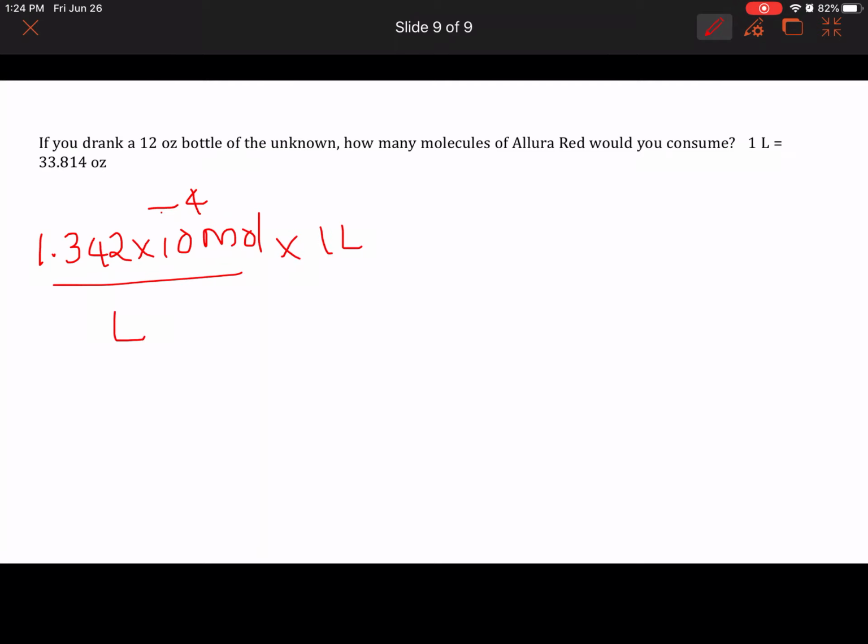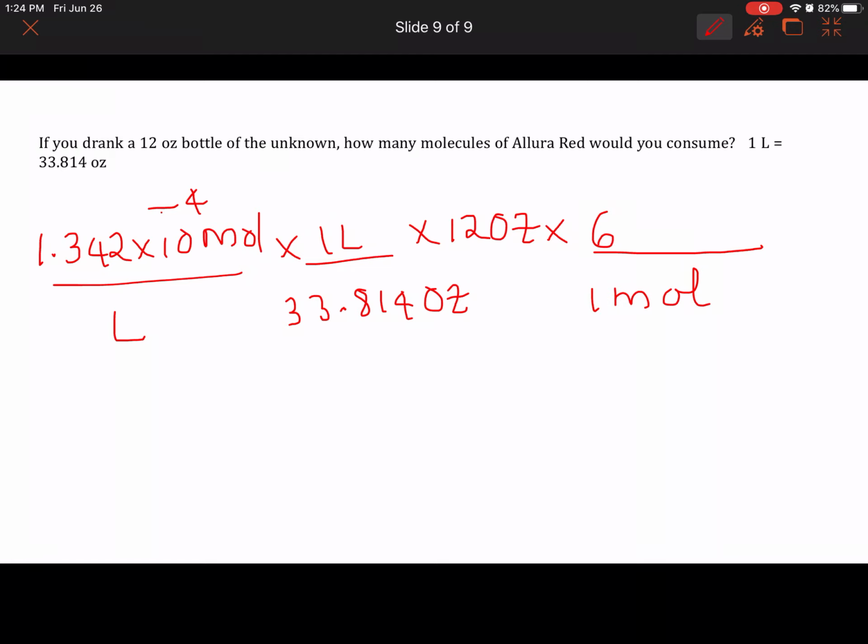Need to convert liters to ounces. 1 liter is 33.814 ounces. And if you drank 12 ounces, how much is that going to be? And then you need to convert moles to molecules, 6.022 into 10 to the 23 molecules. Liters, liters, moles, moles, ounces, ounces.